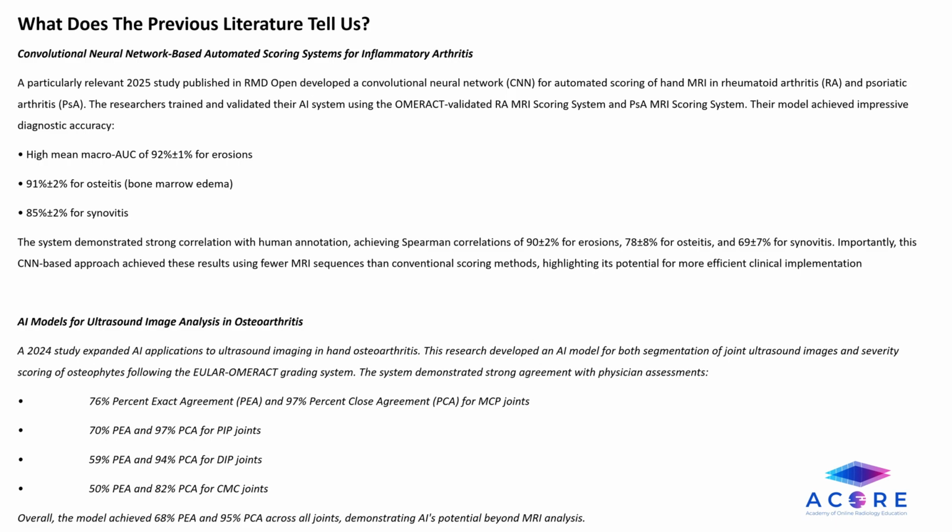The researchers trained and validated their AI system using validated rheumatoid arthritis scoring systems and psoriatic arthritis scoring systems as well, and their models achieved impressive diagnostic accuracy with an area under the curve of 92% and over 91% accuracy for osteitis and also over 80% for synovitis.